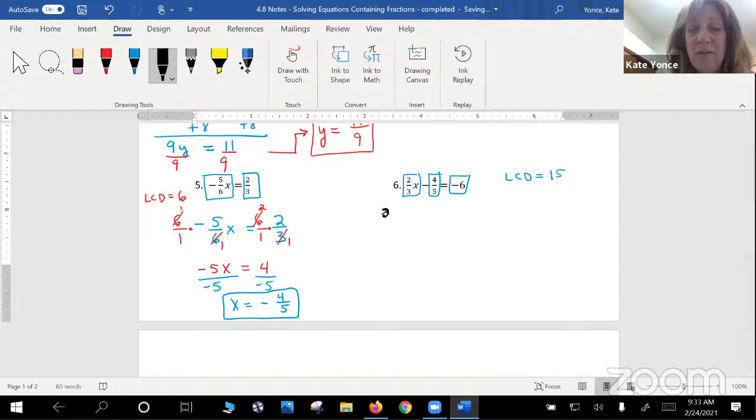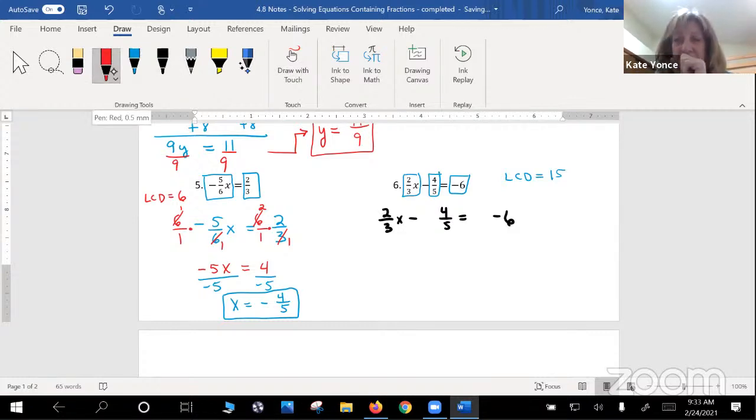So I'm going to rewrite this to give us some more space, and I would do that if I were you also. Just leave space in front of each number. So what did you say we're going to multiply by? 15 times 2/3.